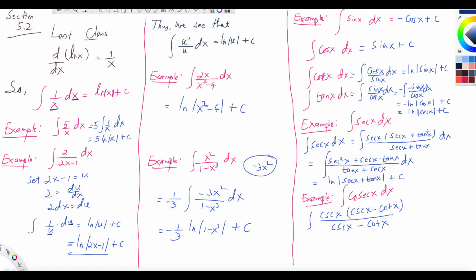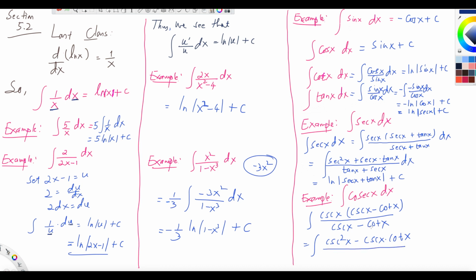If you divide them, they cancel and become 1, which is the same as the previous one, so you can keep the equal sign, okay? Now if you distribute this, what do you get? You will get integral of cosecant square x minus cosecant x times cotangent x, and divide by cosecant x.